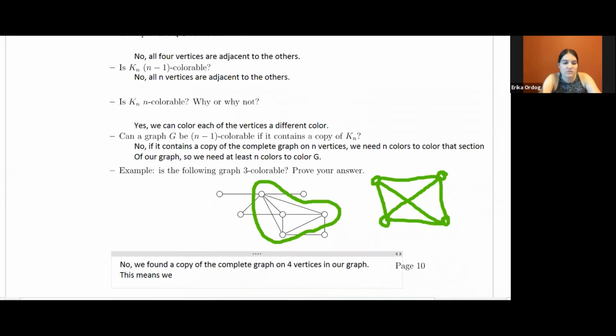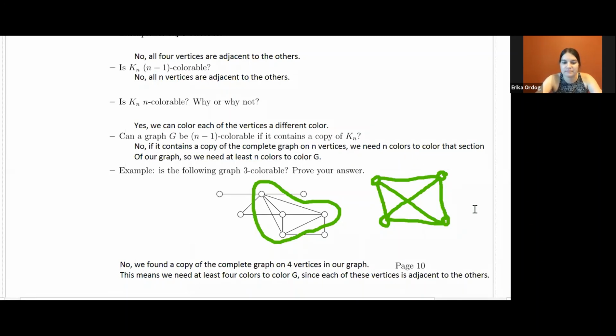This means we need at least 4 colors to color G, since each of these vertices is adjacent to the others in this K4 section.